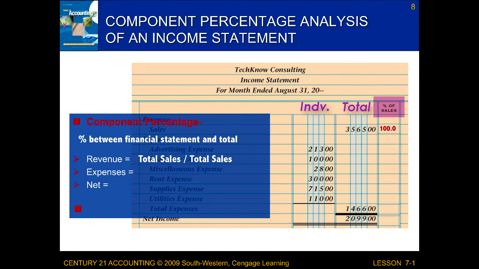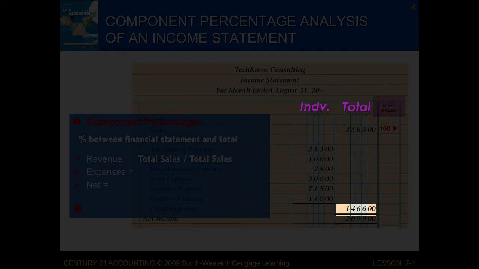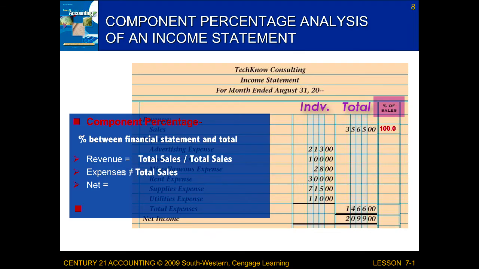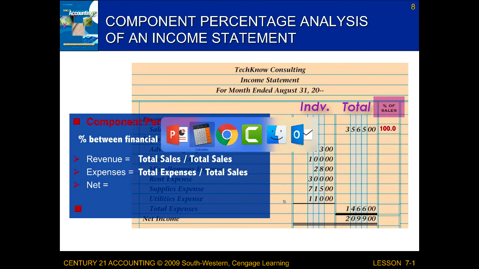The next thing I want to look at is the next total that I have. So the next total I have is total expenses. So I'm going to take my total expenses and again, divide it by whatever the component percentage I'm trying to find. I'm trying to find the percentage of sales, so I'm going to divide it by my sales number.